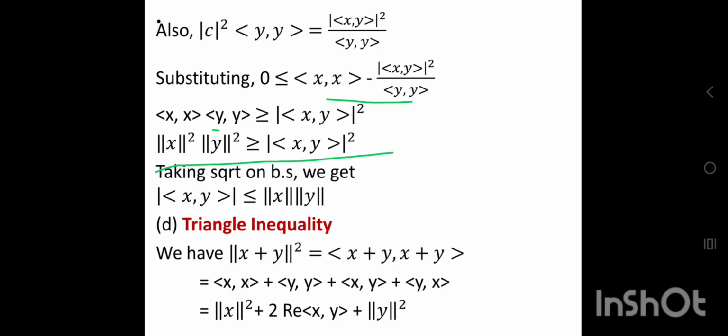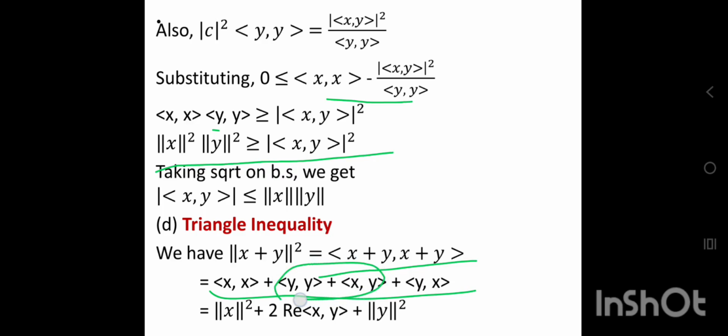Similarly, the triangle inequality, we have to prove it. Norm x plus y the whole squared, you have to split the term: inner product x plus y comma x plus y. Split the inner product terms and simplify it. Inner product x comma x is nothing but norm x square.